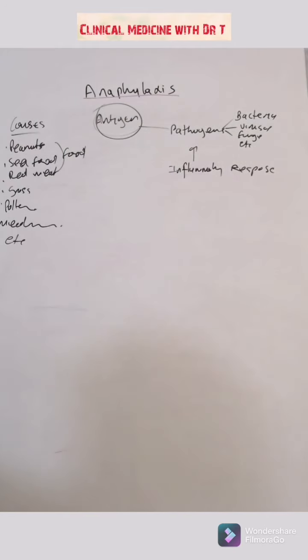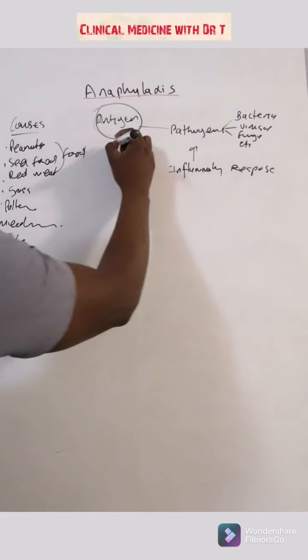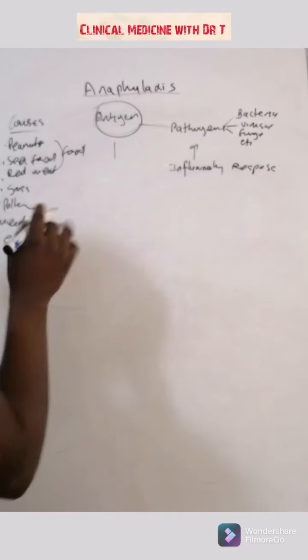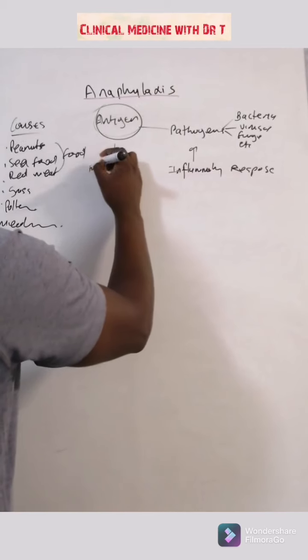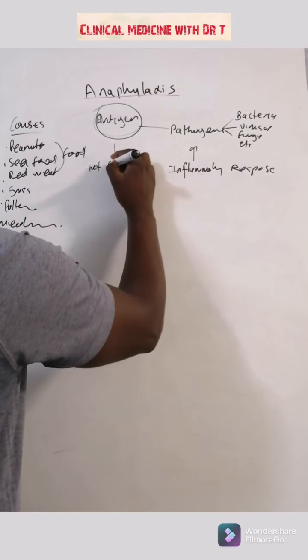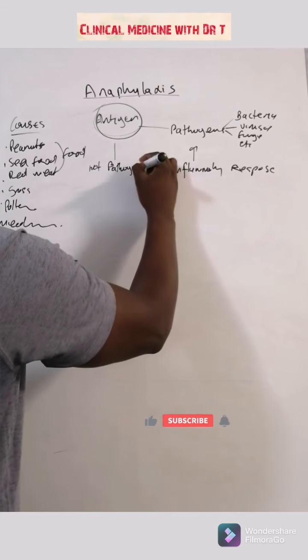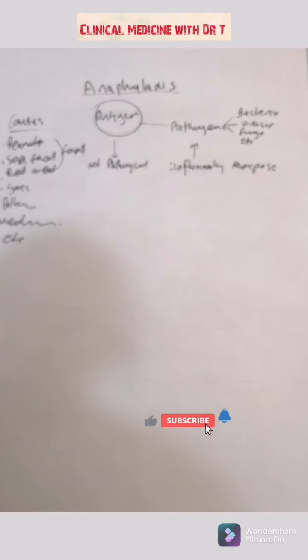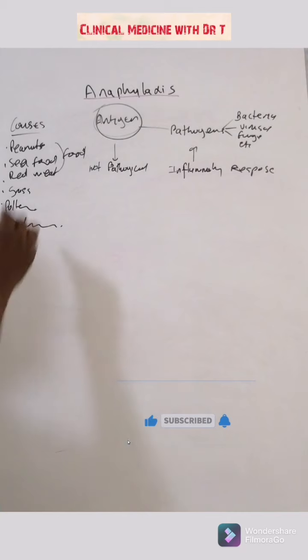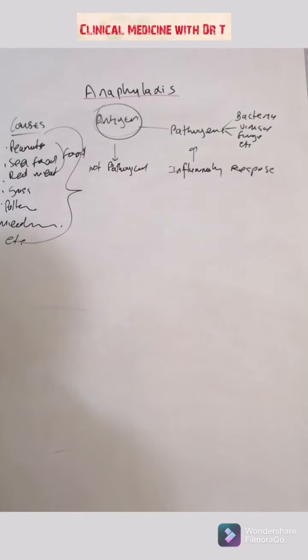But now you've got antigens that are not pathological. They are still antigens, but they are not pathological. And these non-pathological antigens are these things here. Peanuts are not disease causing, seafood not disease causing, grass not, pollen, medications like penicillin, those are not disease causing.